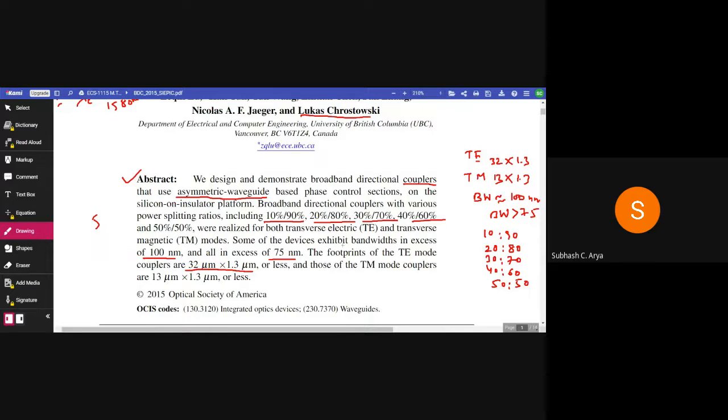Some of the devices exhibit bandwidth in excess of 100 nanometer and all in excess of 75 nanometer. The footprints of the TE mode couplers are 32 micrometer by 1.3 micrometer or less, and those of the TM mode couplers are 13 micrometer by 1.3 micrometer or even less than that.